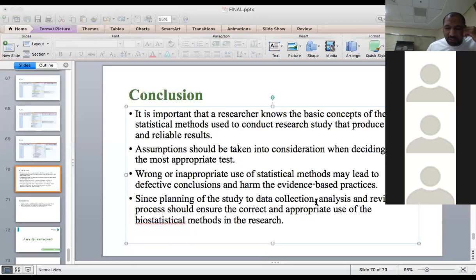I'll give another example, Doctor. If I have, for example, age and systolic blood pressure, both numerical data. To study the relationship between two numerical data, we do a correlation coefficient.